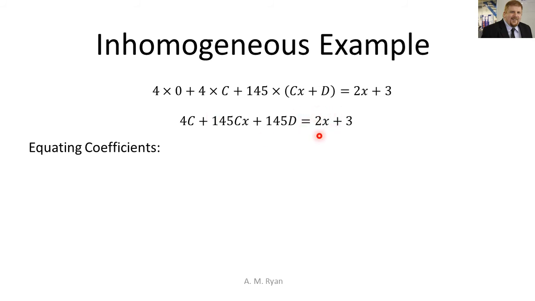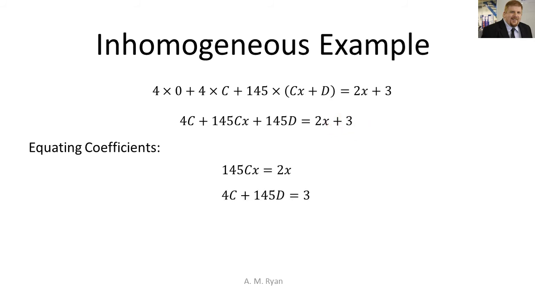All we've got on the right hand side times x is 2x. All we've got multiplied by x on the left hand side is 145 lots of c. So that gives us 145c times x is equal to 2x. And similarly, everything else on the left, 4c plus 145d, must be equal to what's left on the right, which is 3.